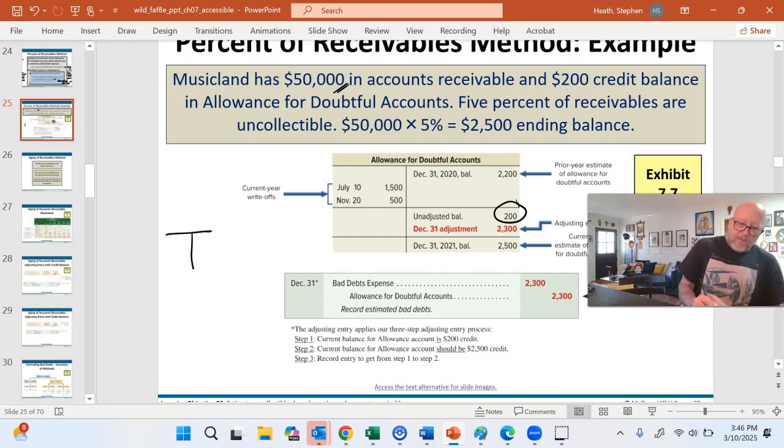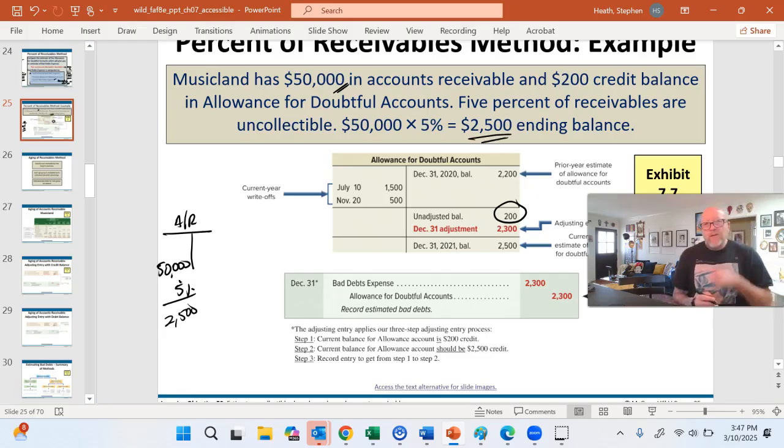So we have this total accounts receivable of 50, and we're saying of that, we're not going to collect 5%, right? So the total amount that we're not going to collect is 2,500, and they just basically gave that to us. So of the 50,000, we are not going to collect a total of 2,500.